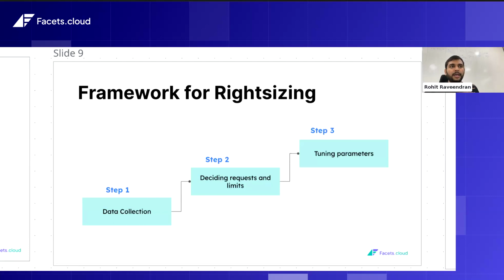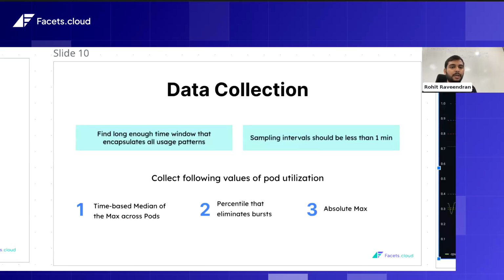So coming to the data collection part. First, you need to make sure that you are collecting the data across a long enough time window. Let's say you are right sizing the CPU of an application. You would need the CPU utilization history for a long enough window that encompasses all sorts of usage patterns, right?